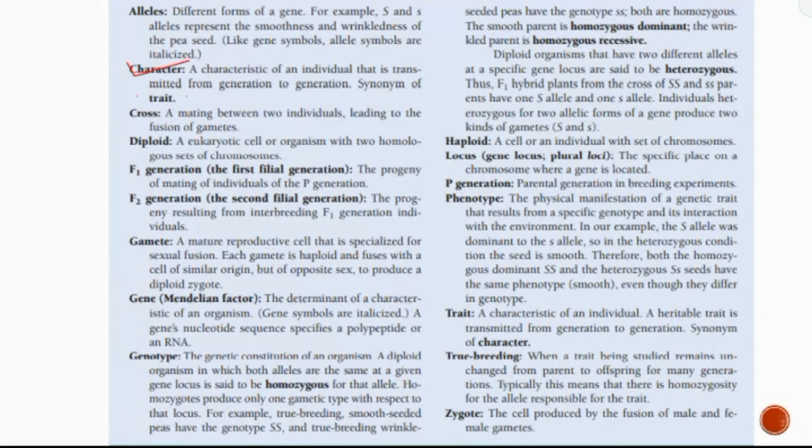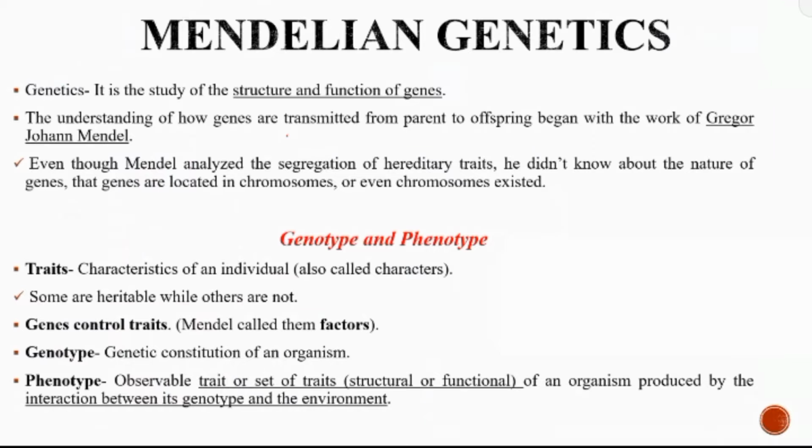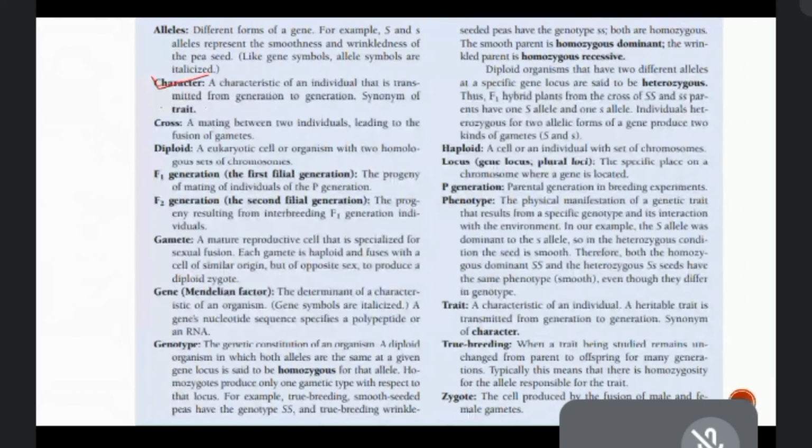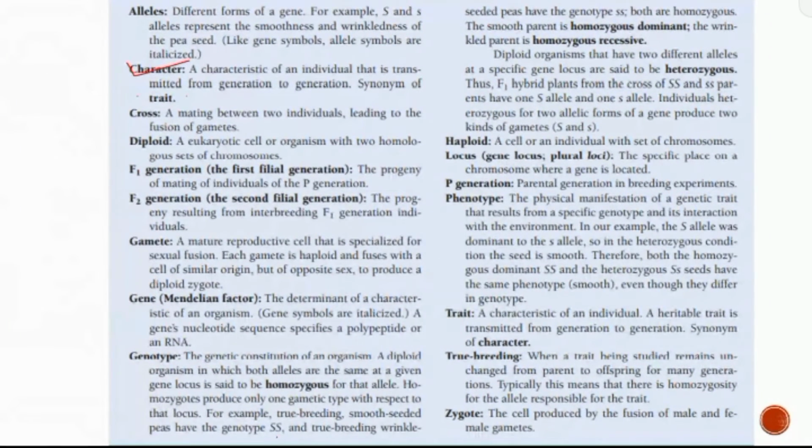The example you can consider is eye color or height. Here you can see the definition of trait: the characteristics of an individual are also called characters. Here it is explained, just what I explained now.